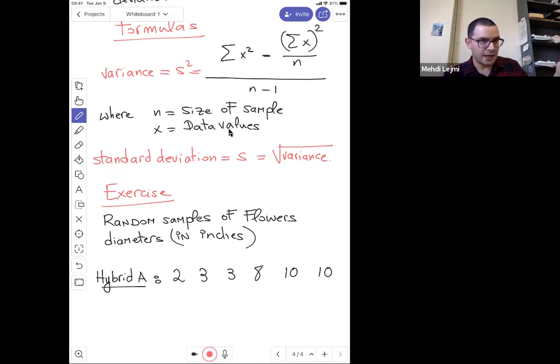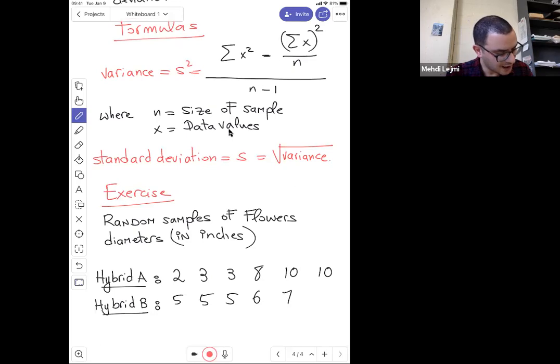Okay, and then we have another hybrid, hybrid B. The diameters are 5, 5, 5. Next, the fourth flower's diameter is 6 inches, 7 inches, and 8 inches. Right?